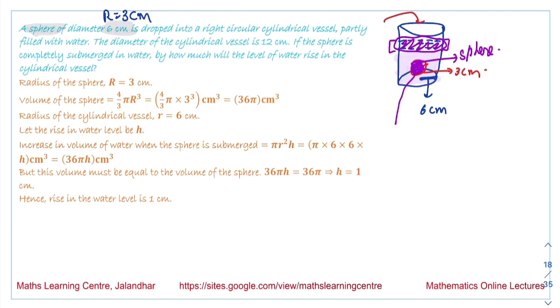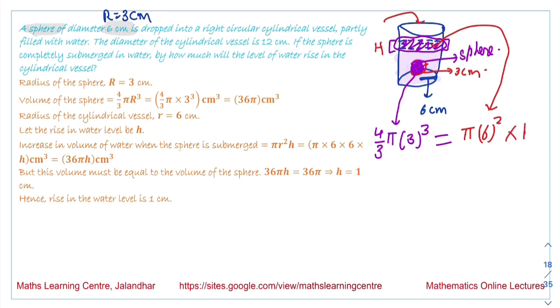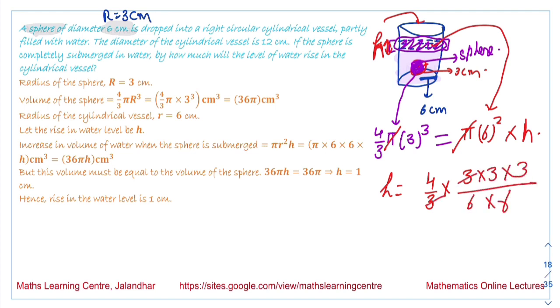So the formula for the volume of this sphere is 4 by 3 pi, radius of the sphere is 3 cube, and this should be equal to the volume of this much amount of water, which is pi, radius of this cylinder r square, and suppose this height is H. We are saying the increase in height of the water is H. So this pi and pi get cancelled, so the value of H we get is 4 by 3 into 3 into 3 into 3 over 6 into 6.